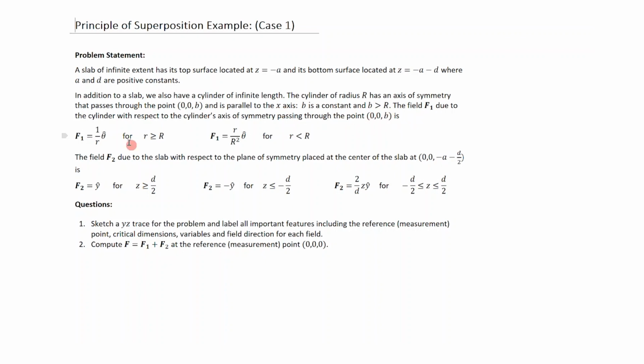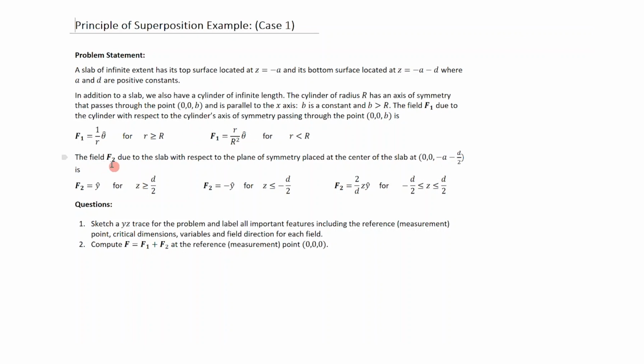The field F1 due to the cylinder, with respect to the cylinder's axis of symmetry passing through the point 0, 0, b, is this set of expressions that you see here. So you'll see, for instance, that if you're outside the cylinder, then the field takes on a certain description. If you're inside, it takes on a different description. We'll be proving these expressions later on in the course.